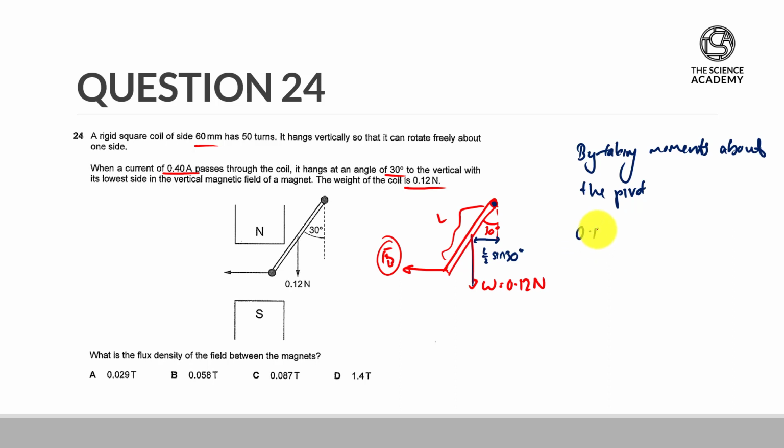So 0.12 times L over 2 sine 30. And basically this is responsible for the anti-clockwise moment.